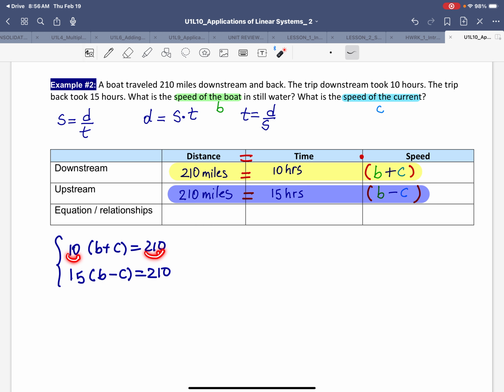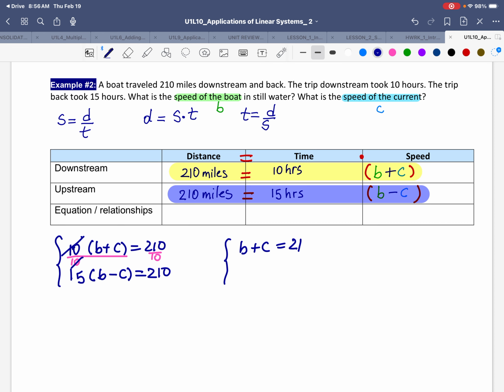They're reducible by 10. So I would divide every term in the first equation by 10, I mean, both sides by 10. Remember that this is a factor, so you just divide the coefficient here by 10, right? And that will give me, so the tens will simplify, B plus C equals 21.